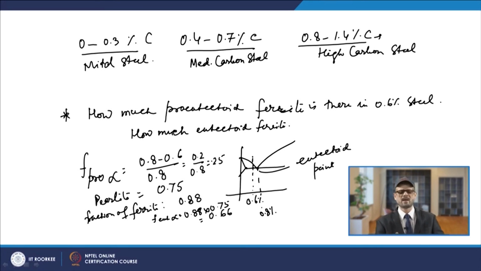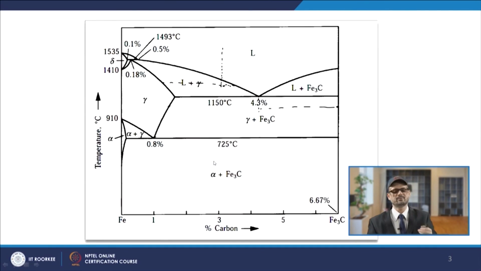In this way you find the eutectoid ferrite and the pro-eutectoid ferrite, and adding them you get the total ferrite formed. Similar methods can be used for finding the amounts of the different phases formed.